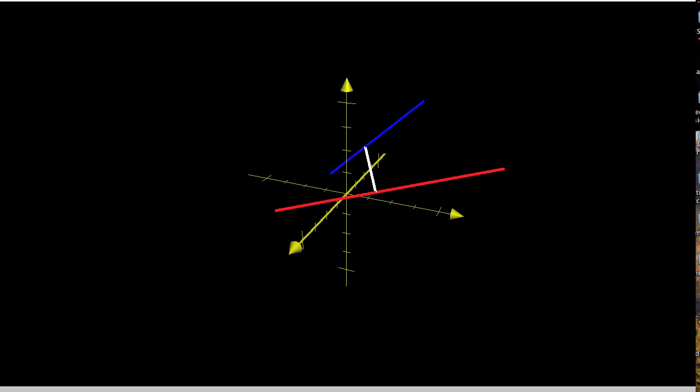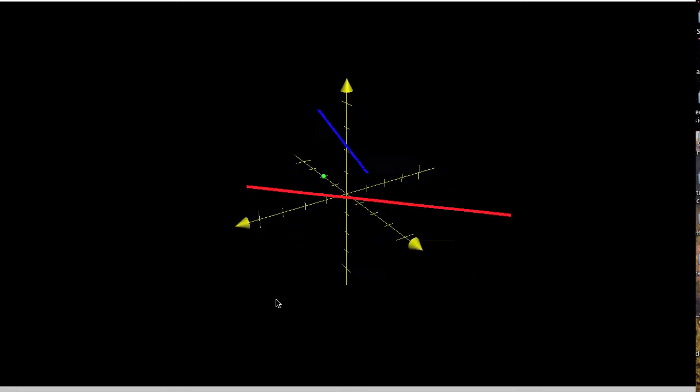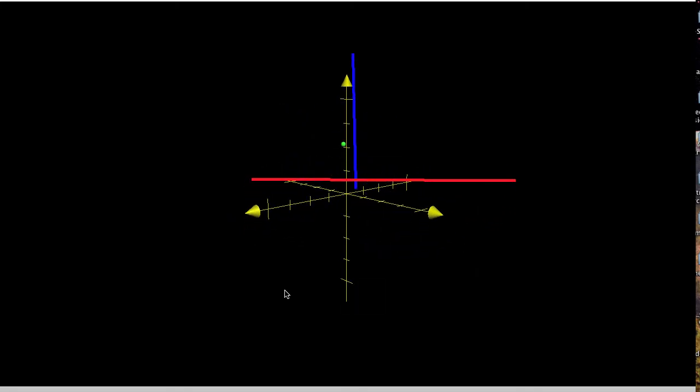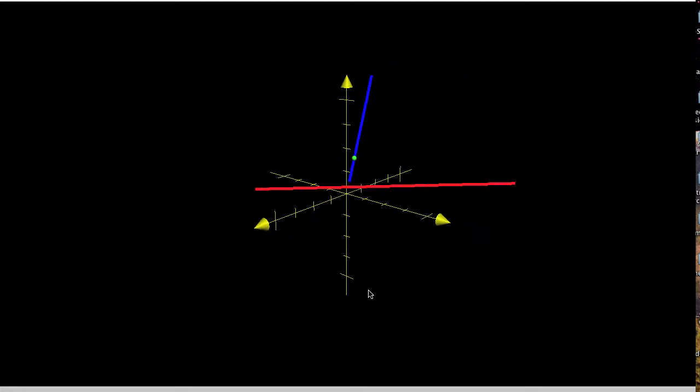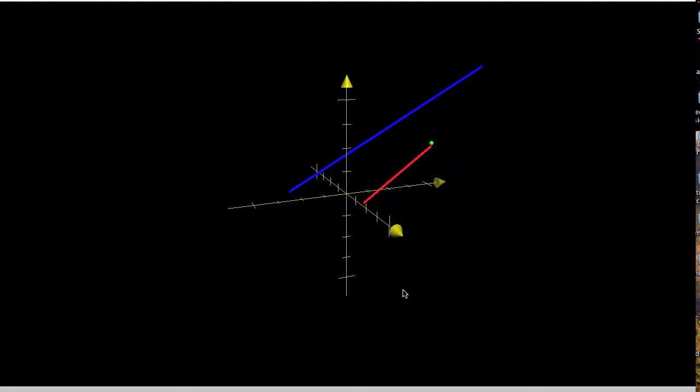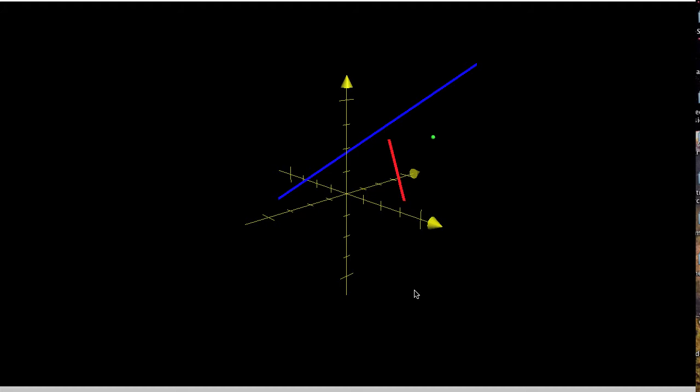Okay, well, to begin that discussion, let's suppose we have any point at all in 3 space. Here I've shown this green point sitting in space right there. If I want to find the closest approach of that green point to, let's say, the blue line, I go to the green point and draw the line that comes in perpendicular to the blue line.